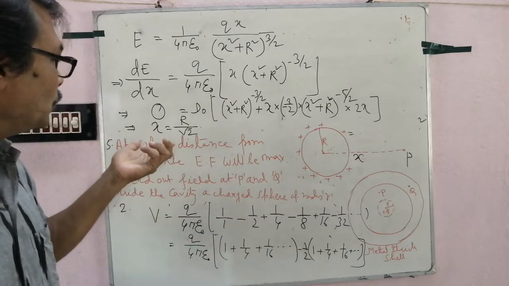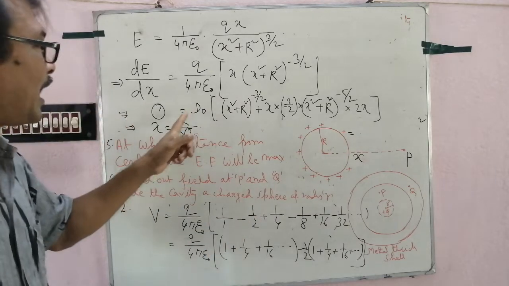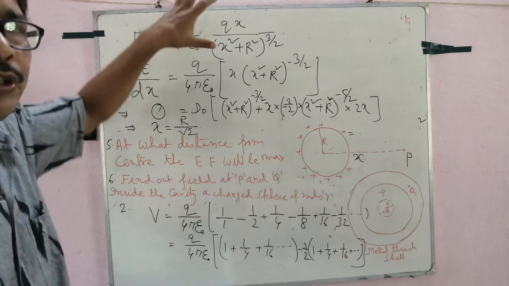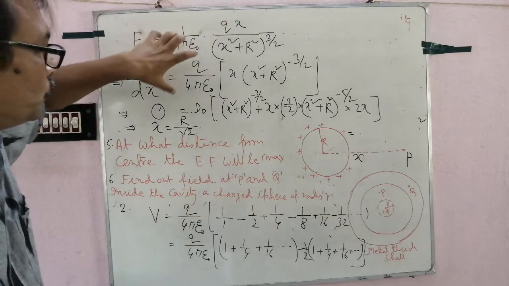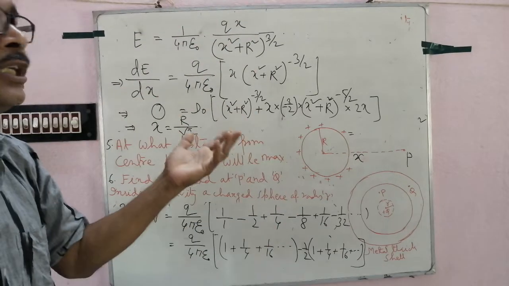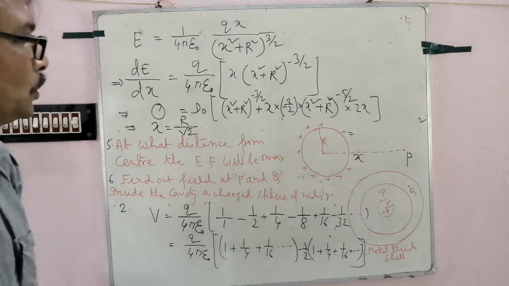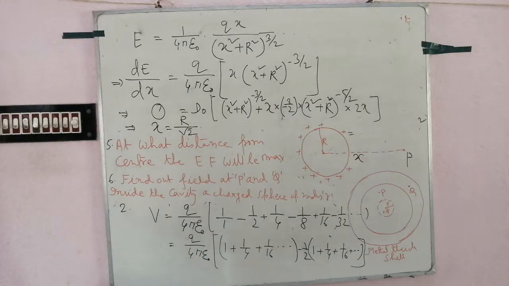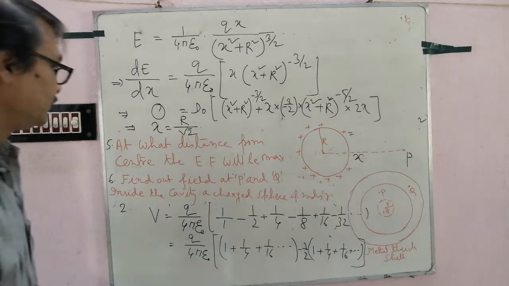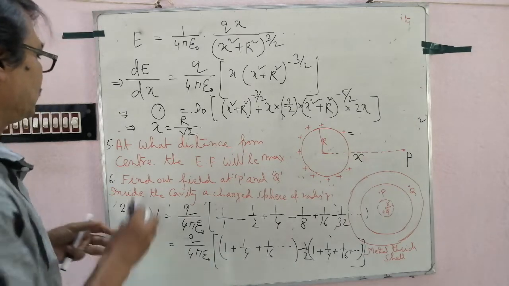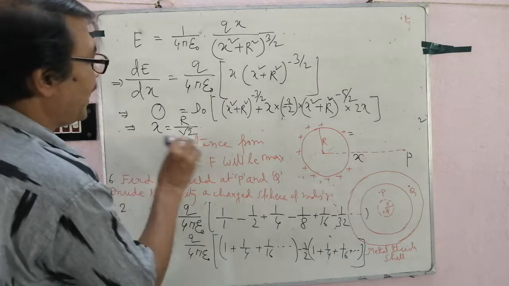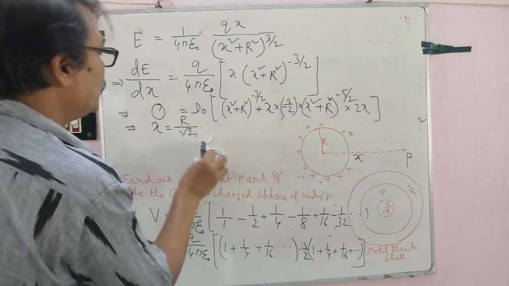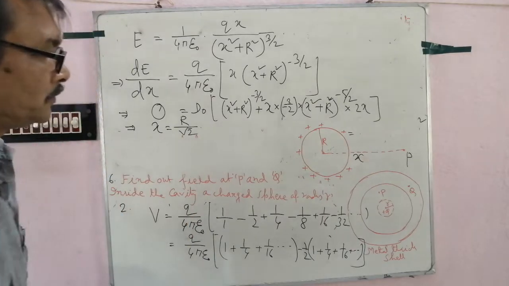So you have to know that the result is r/√2. For a broad question you have to prove it, and for a short question you have to know the result. Okay, clear? So question number 5, we solved it.